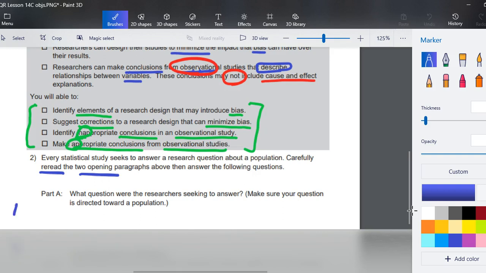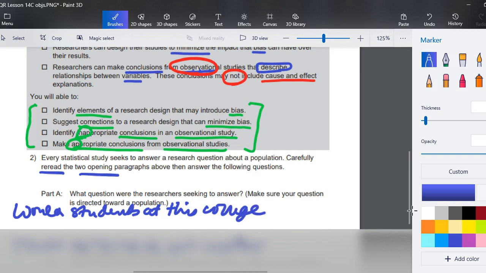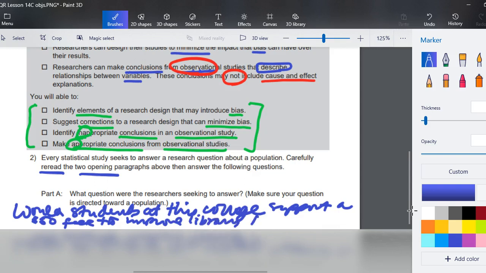So something like, would students at this college, whichever college it is, if we knew the name, we'd put it right here, would students at this college support a $50 fee to improve library facilities? Would they? That's our question.